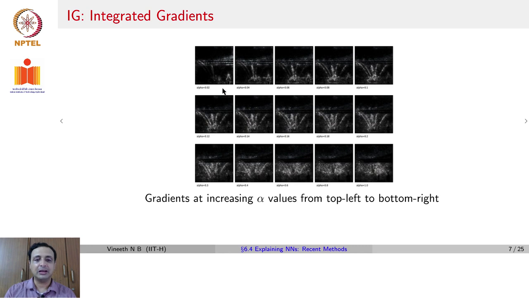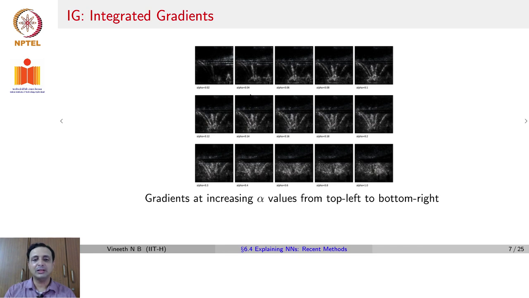All of this says that this first set of gradients was obtained by taking the given image and scaling down its intensity to the level of 0.02. So imagine an image that's an interpolation between a black image and the current given image, but you weight the black image to a level of 98% and the current image to a level of 2%. That's what alpha equal to 0.02 will give you.